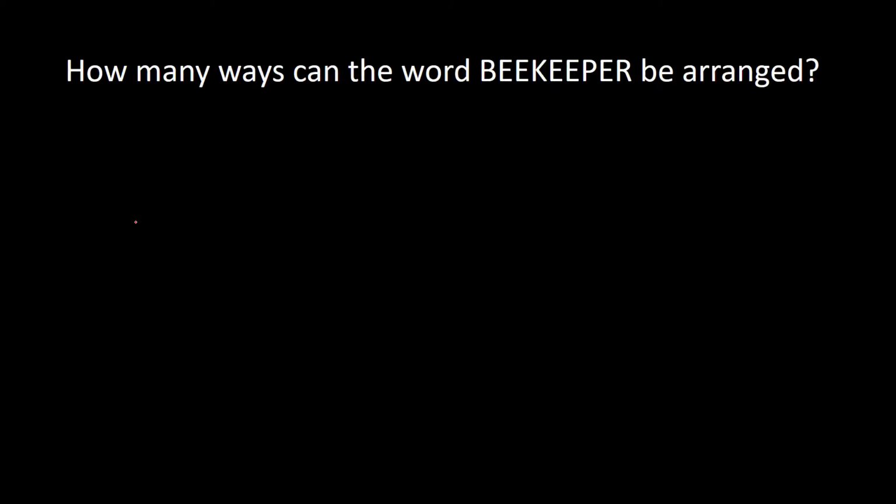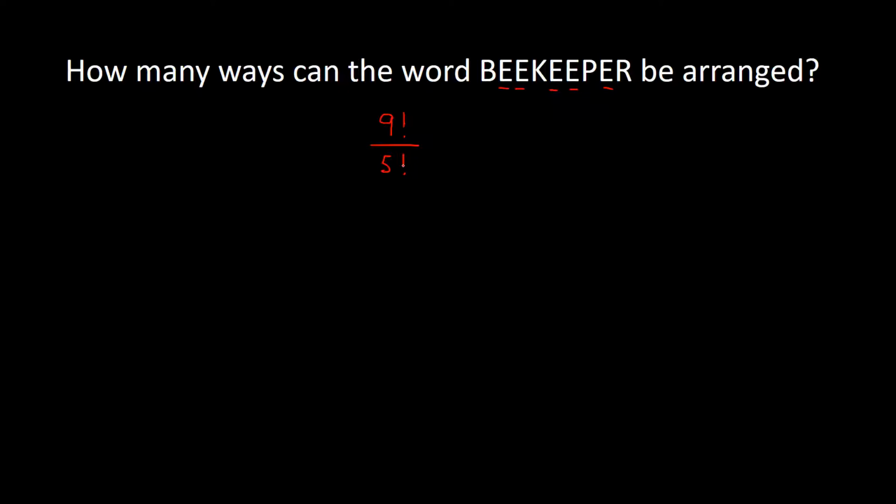One more example. We have the word beekeeper, and the question is, how many ways can I rearrange these letters? So I have 1, 2, 3, 4, 5, 6, 7, 8, 9 letters to arrange. So I have 9 factorial permutations. But then I divide out the repeats. Here I have 1, 2, 3, 4, 5 E's.